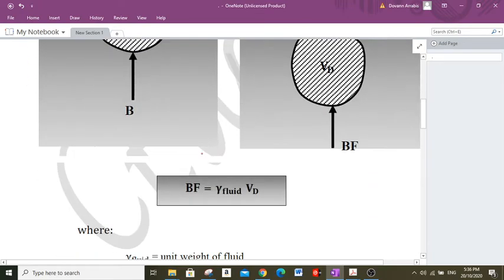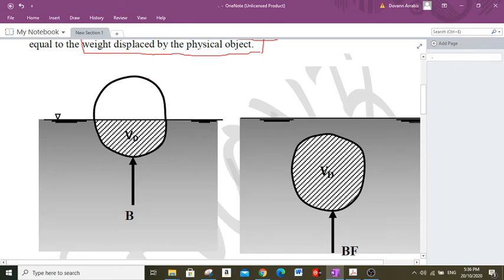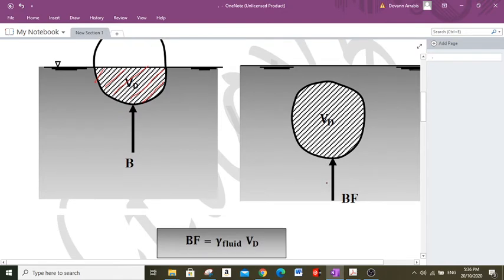As we can see in the figure, we have two objects. In the first figure, the object is partially submerged. This is the submerged volume of the object. In the second figure, the object is completely submerged.